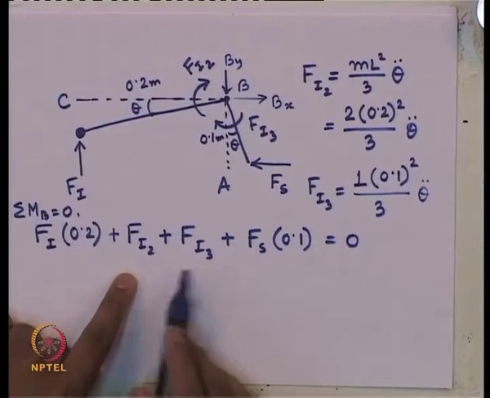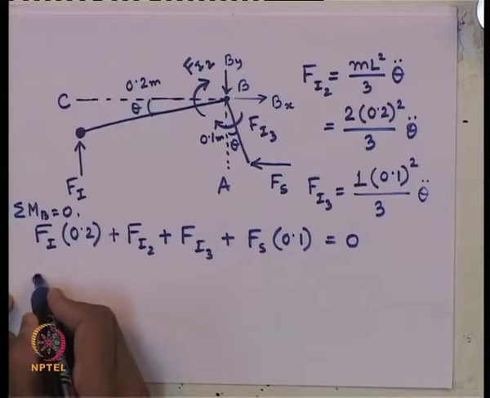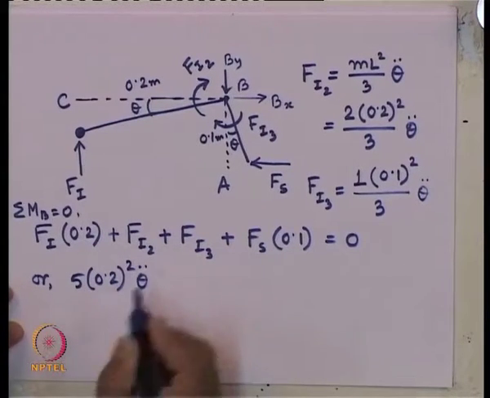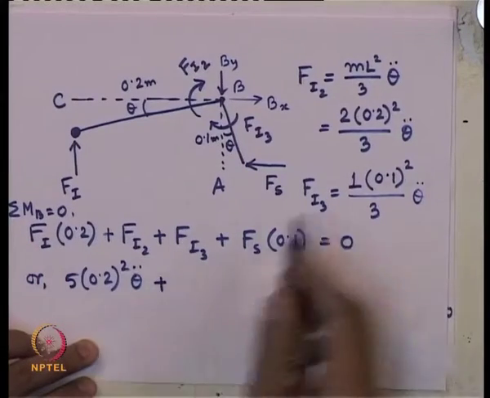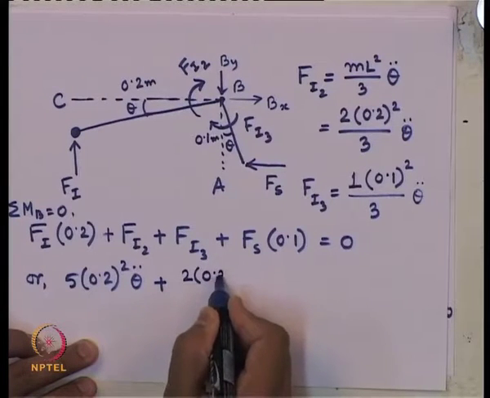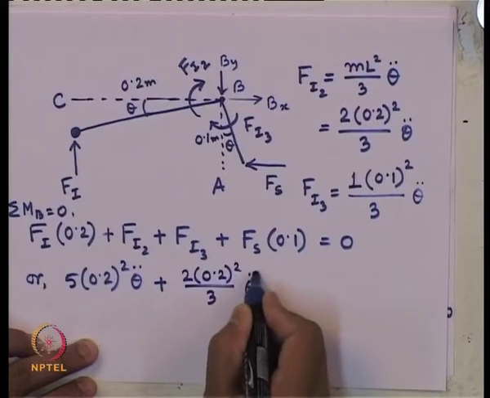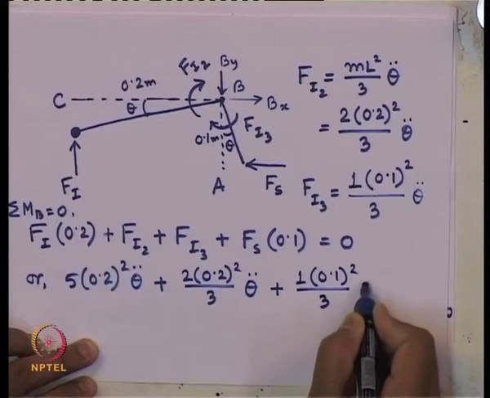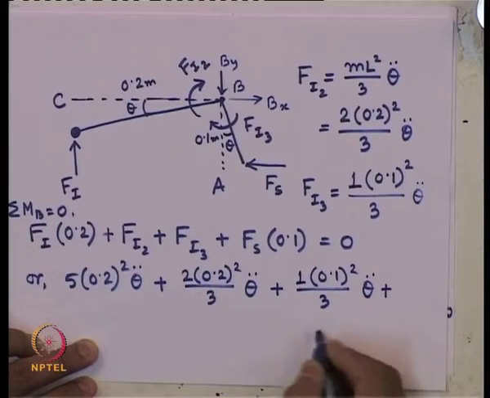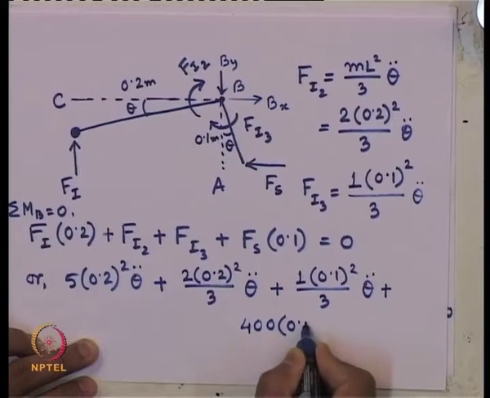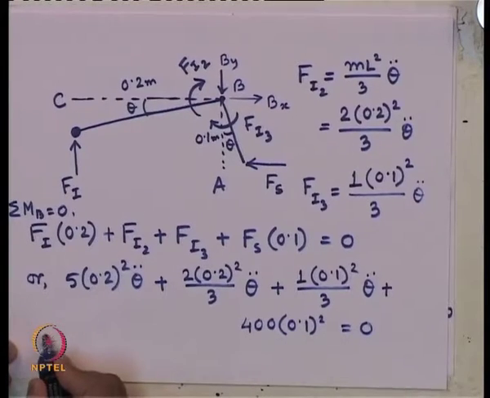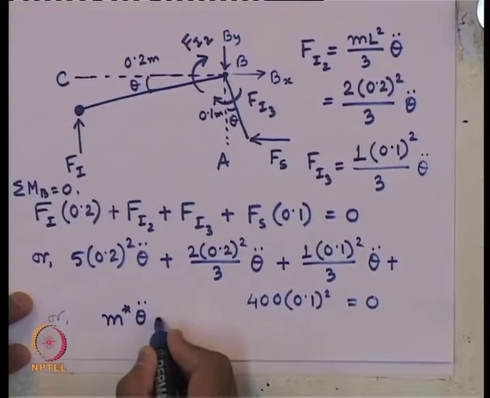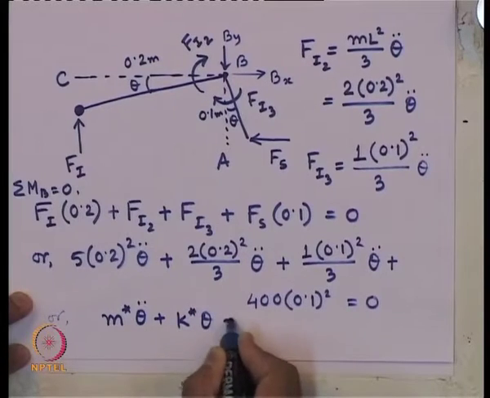So, these are the two additional inertia forces now we got, or 5.2 square theta double dot, from this expression we are getting F I 2 is 2 into 0.2 whole square by 3 theta double dot plus 1 into 0.1 square by 3 theta double dot plus 400 into 0.1 square equals to 0, which we can rewrite in our canonical form m star theta double dot plus k star theta equals to 0.